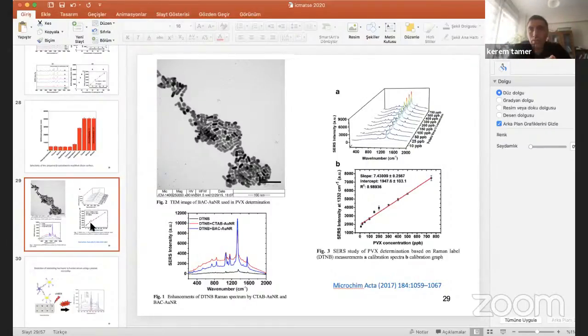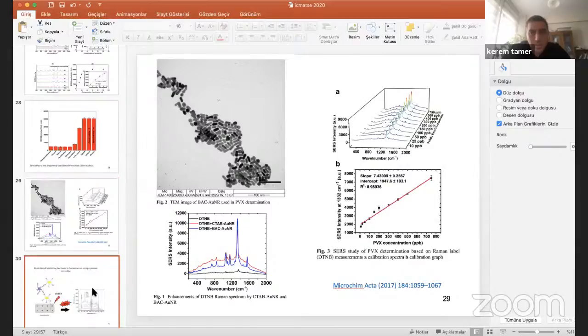Then, for instance, you can use some magnetic nanoparticle to remove the analyte from the system, and then you can make some measurement using the label. Okay, this is only one example of our latest applications. Here we used the potato virus.